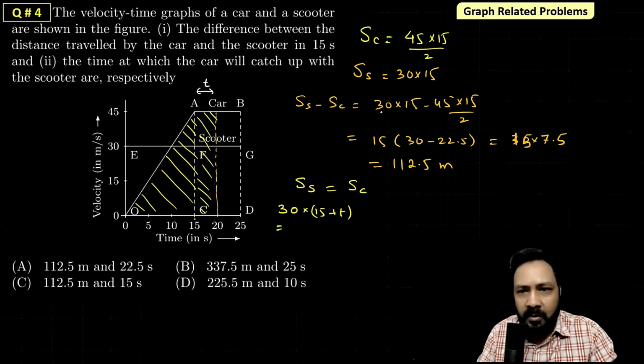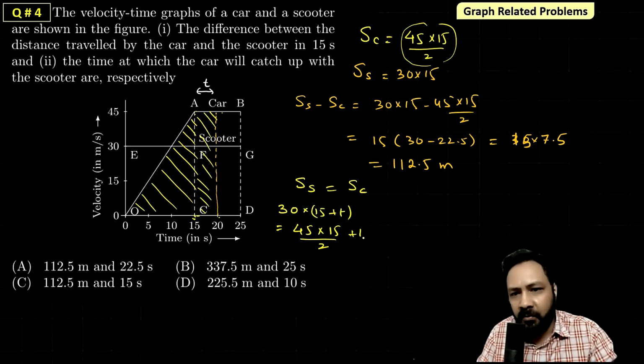And for the car, up to 15 seconds this is the displacement. How much is that? 45 into 15 by 2. And another time t: after 15 seconds, the speed of the car has become constant, that is 45, so 45 into t is more.